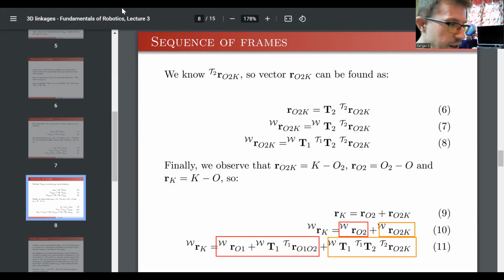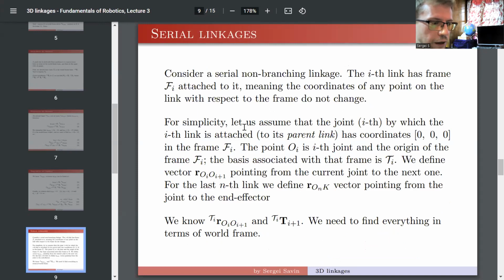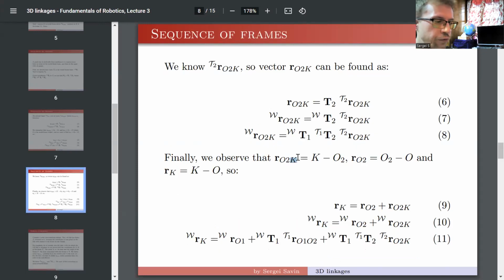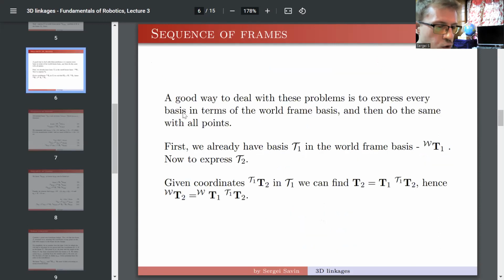So that is it. Do you have any questions about what I did here? No. Okay, good. What you should notice here is the procedure that goes kind of like this. Let me go back maybe a little bit more. First, express all bases in the world frame.